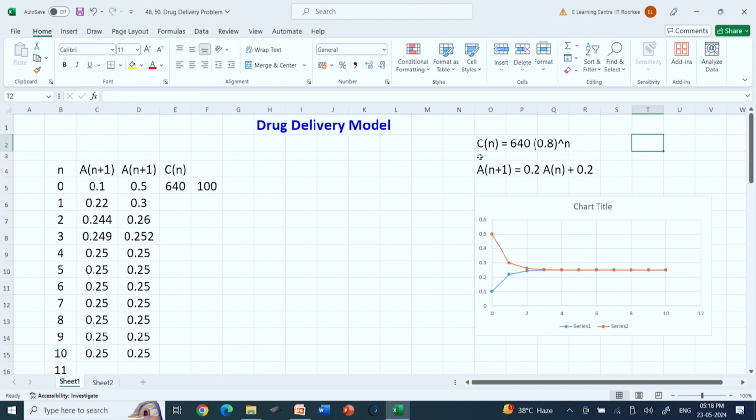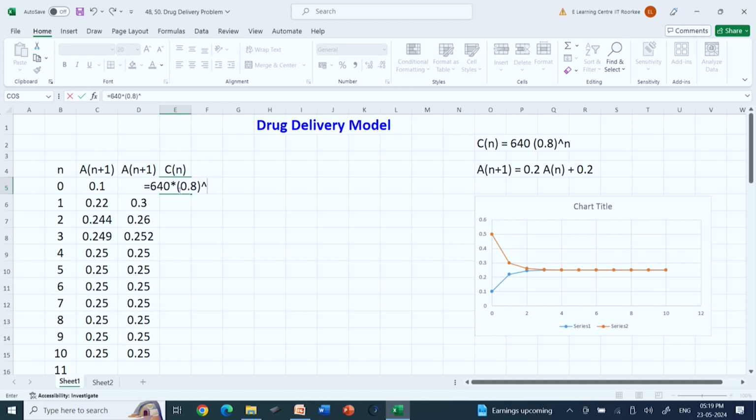The drug concentration cannot be less than 100 mg per L, so we want to find from the graph what time will make the drug reach 100 mg per L. So, what you do here is put 640 multiplied by 0.8 to the power n, which is 0 here, enter.